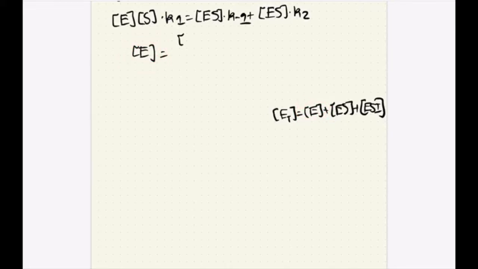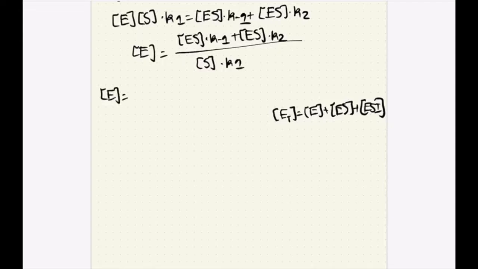So what this is going to be equal to is the enzyme-substrate complex multiplied by the K-1 rate parameter plus the enzyme-substrate complex times the K2 rate parameter, over the substrate concentration times the K1 rate parameter. And what this is going to mean is that the enzyme concentration is equal to the enzyme-substrate complex concentration times the K-1 rate parameter plus the K2 rate parameter, over the substrate concentration times the K1 rate parameter.